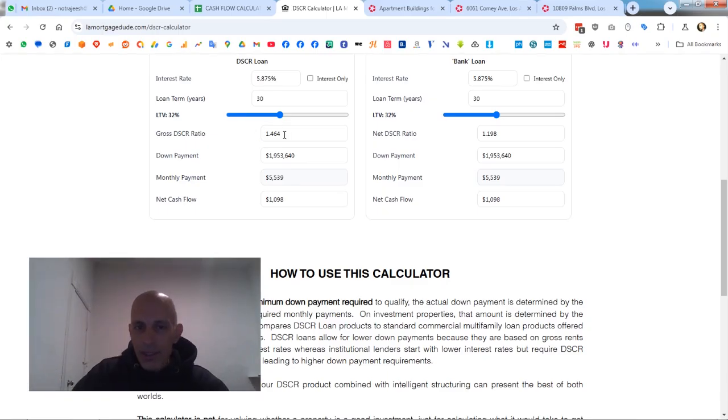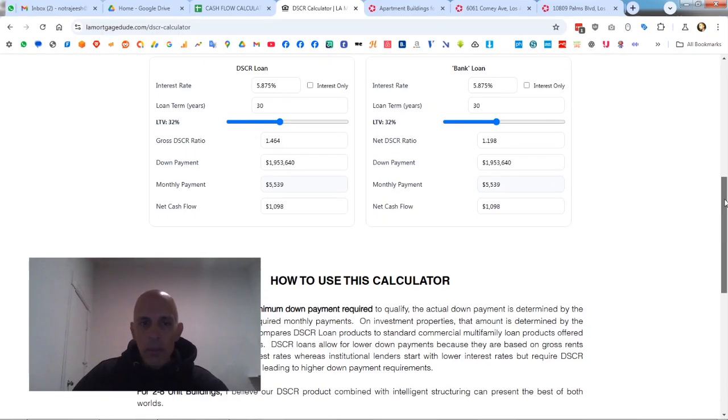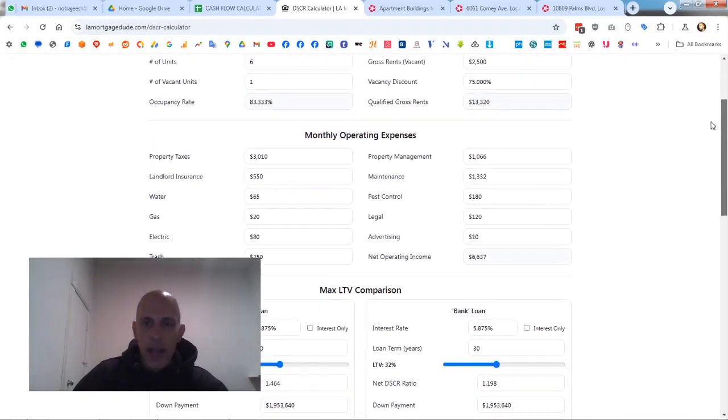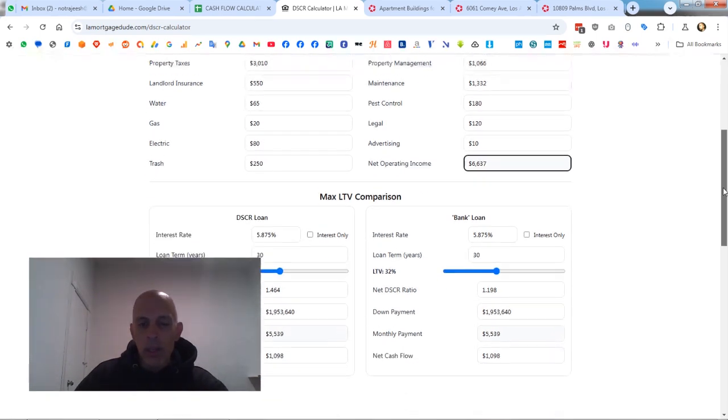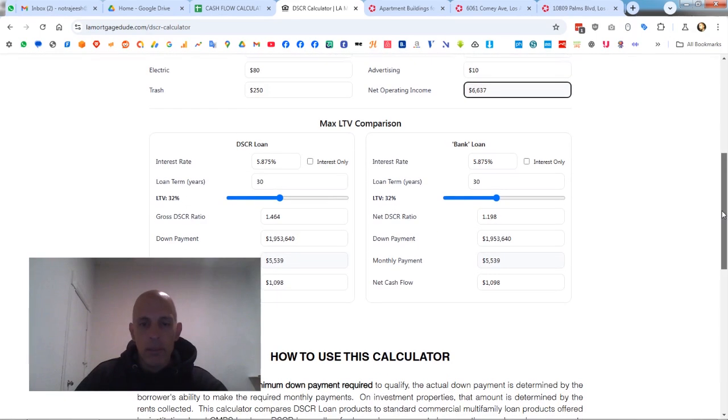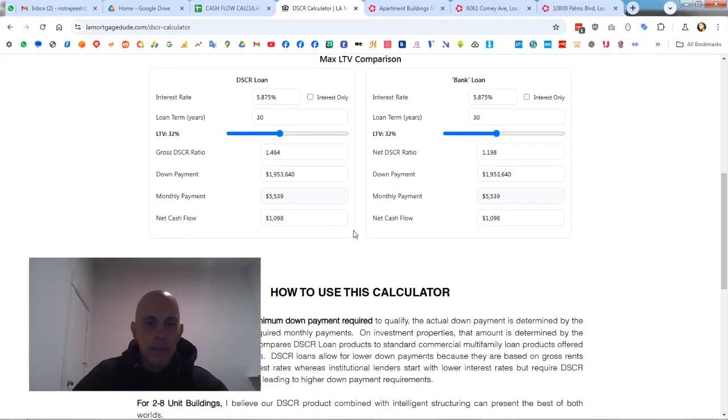That's why there's a difference between gross DSCR ratio and net DSCR ratio, because one calculates qualified rents divided by PITI payments, versus net operating income divided by just monthly P&I payments, principal and interest payments.